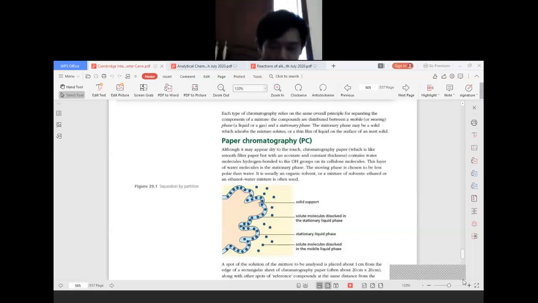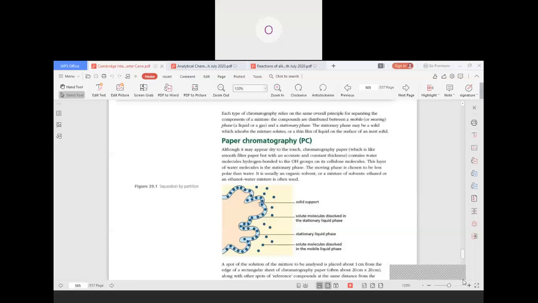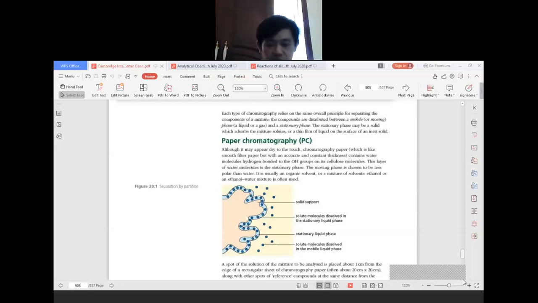So we have to know what is stationary and what is mobile. The mobile phase is the liquid solvent, and the stationary phase is the paper. Okay. The moving phase is chosen to be less polar than water. It is usually an organic solvent or a mixture of solvents. Ethanol, and an ethanol-water mixture, is often used.